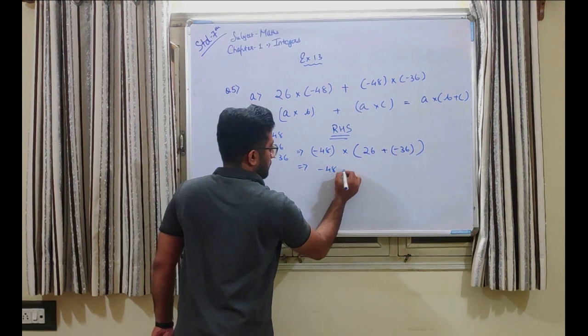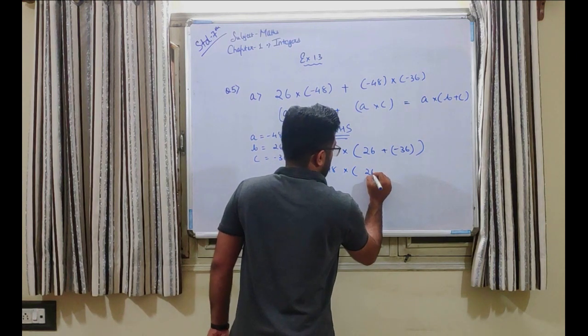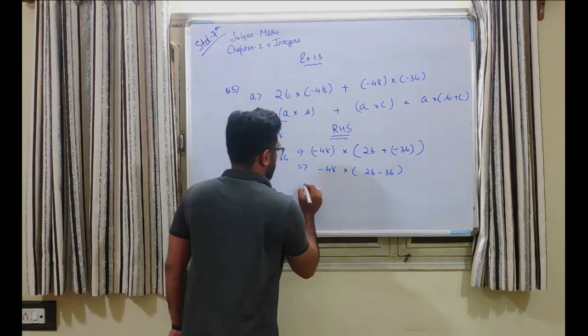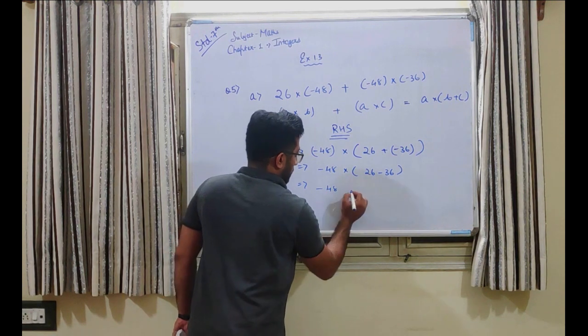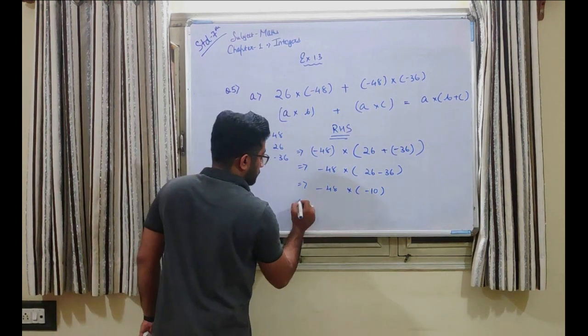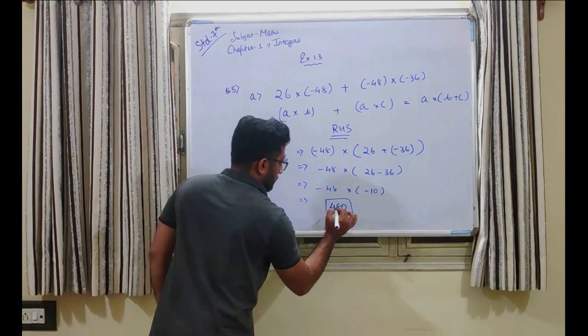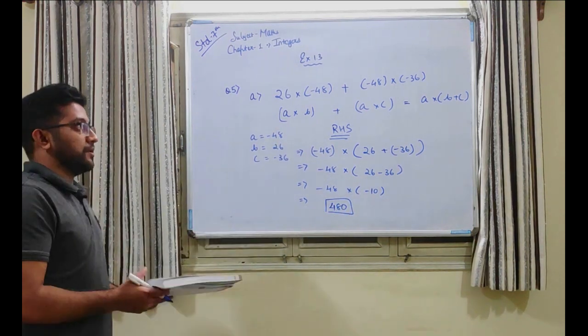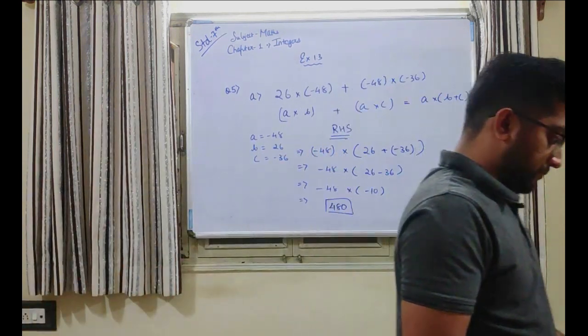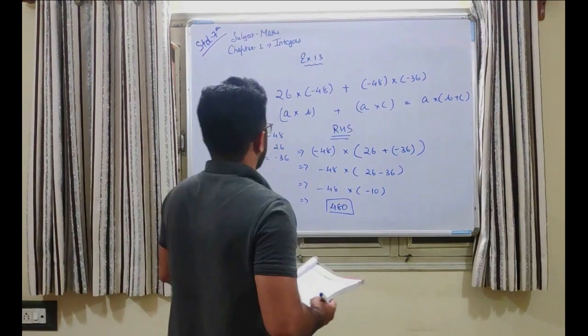So minus 48 multiplied by, 26 minus 36, the sign of the greater number, which is negative, so minus 10. Minus minus plus, and there is multiplication, so the answer will be 480. Please take a note of the same. We have used distributive property here, so you may add that, by using distributive property.